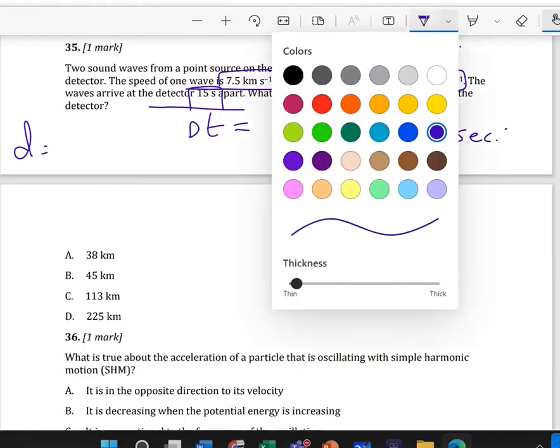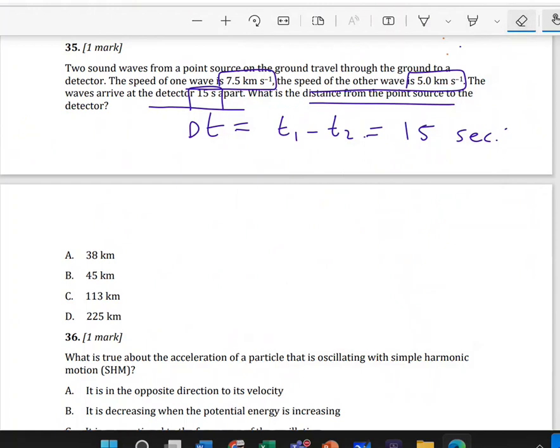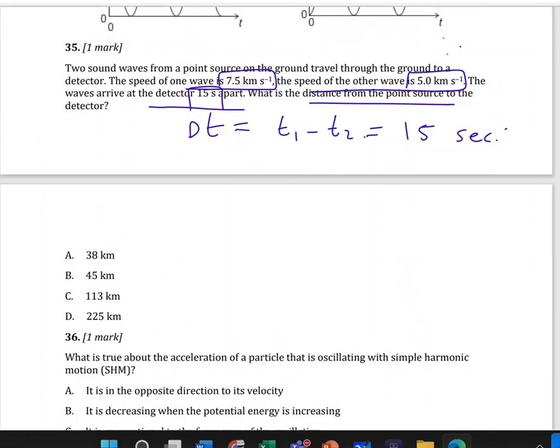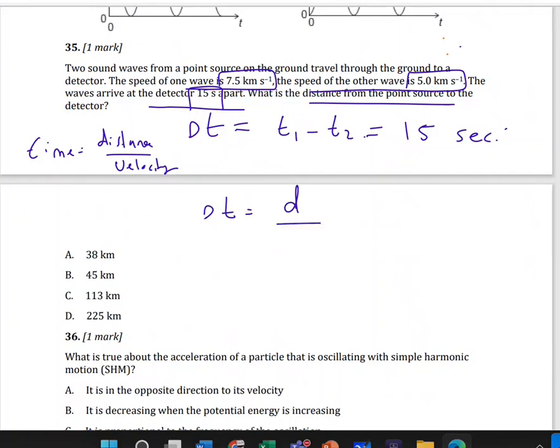So time is distance divided by the velocity. If I use this, I have a time. I don't know the distance, but they have the same distance because they move the same distance. So I'm going to call this distance d, divided by the velocity.